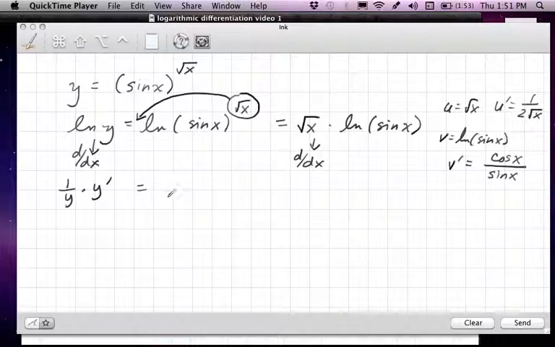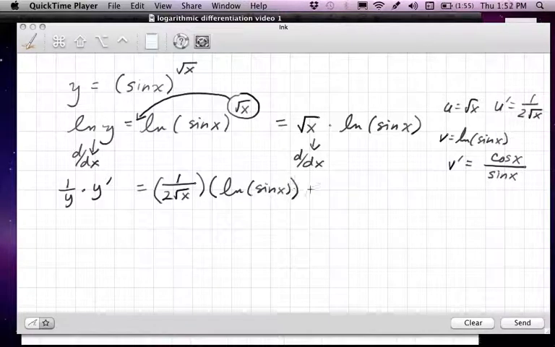So now I want to use the product rule, u prime v plus u v prime. So u prime, 1 over 2 square root of x, times v, which is ln of sine of x, plus u, which is square root of x, times v prime, which is just cotangent x.